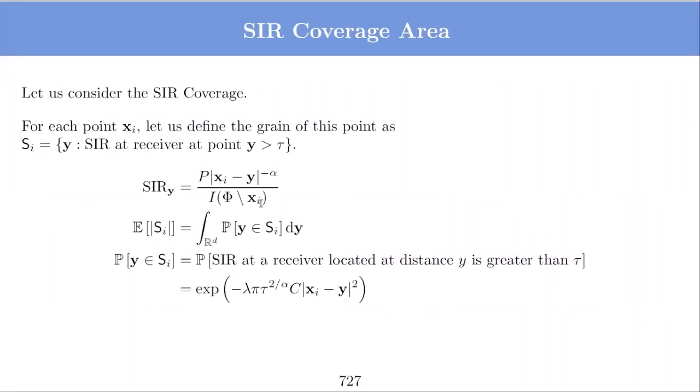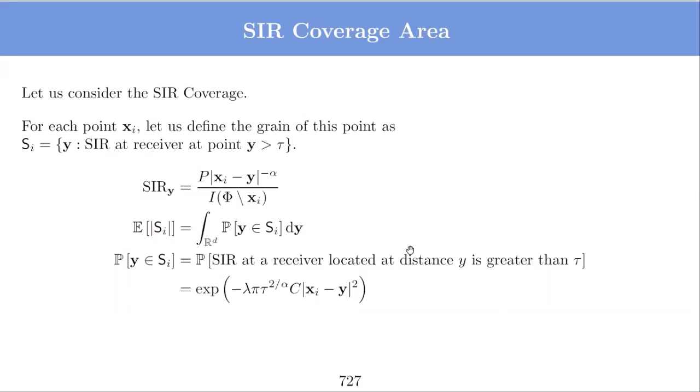So we use the method we used in the previous slide: the expected value of the area of S_i is given by integrating the probability that a point belongs to S_i over the space. Now a point belongs to S_i means the SIR at the receiver located at distance y from the transmitter at x_i is more than tau. And that we can compute. We have already computed it in the past, right?